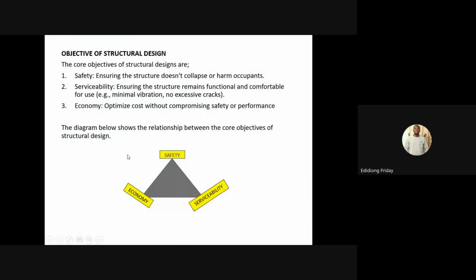Apart from this, there are other objectives of structural design, which we are going to see. But these, like I said, are the core objectives. Always have these three in mind: safety, functionality or serviceability, and economy.